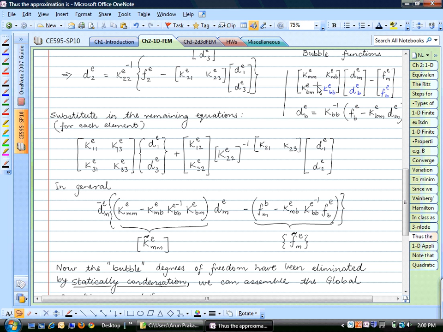So this is nothing but just a partitioning of our element stiffness matrix and just a little bit of a rearrangement. Once you do that, you can also do the same sort of a rearrangement for your right hand side. And the new element contribution becomes this. Okay, so what we have done with this element contribution is that we have eliminated all the degrees of freedom that were corresponding to that bubble from our global weak form.